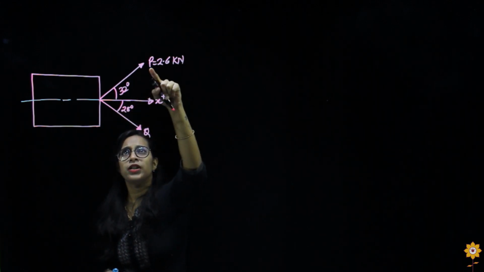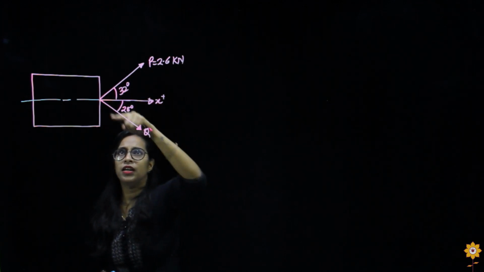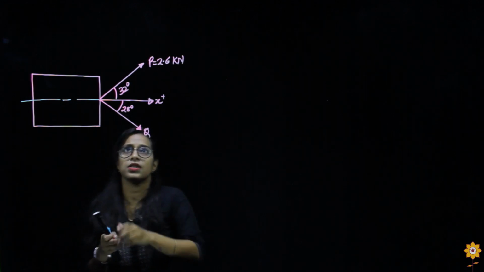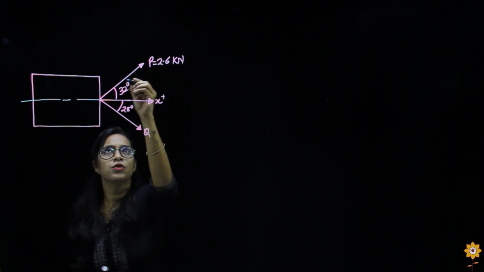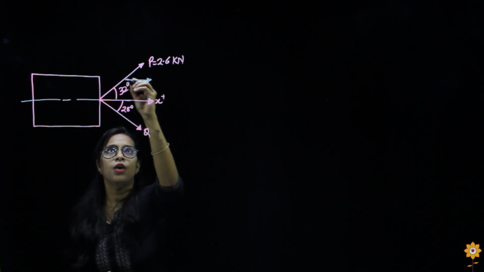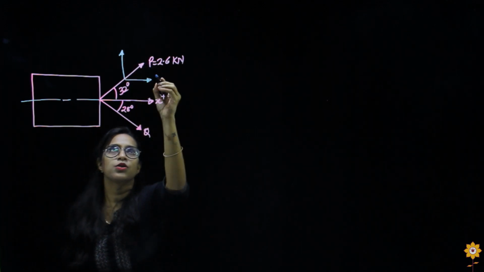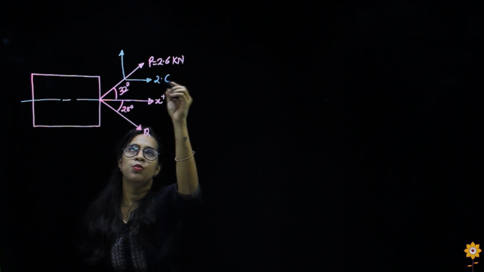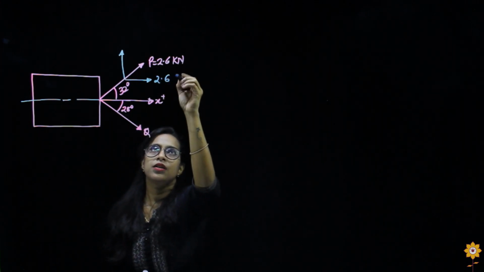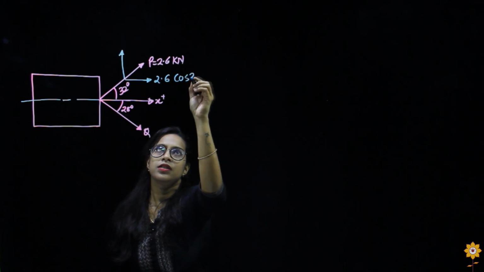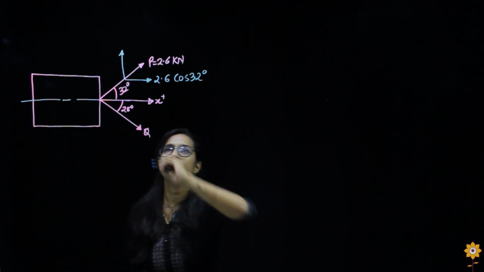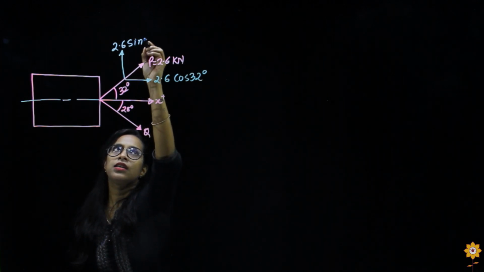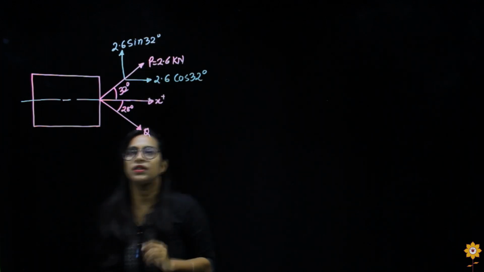So these are the two strings pulling the car in a particular direction. If we resolve the forces, as they are the outward forces, we'll resolve them in the outward direction. So this is adjacent to the angle, so this would be 2.6 cos 32 degrees, and this would be 2.6 sin 32 degrees.